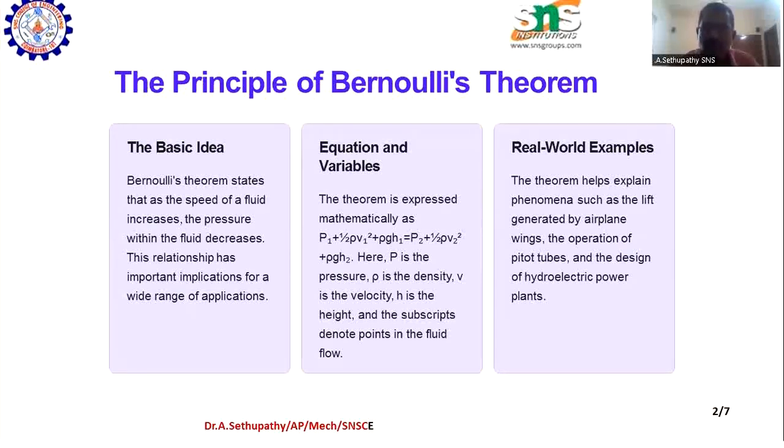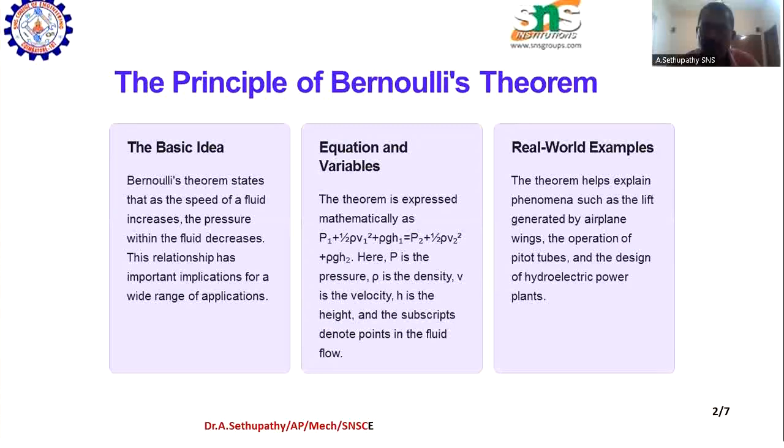Equation and variables. The theorem is expressed mathematically as P1 + half rho V1 square + rho g h1 = constant.